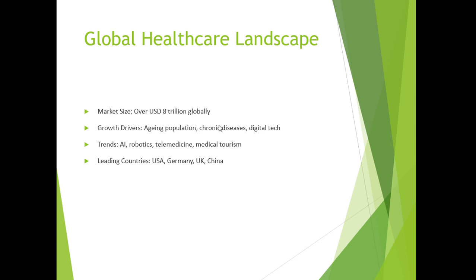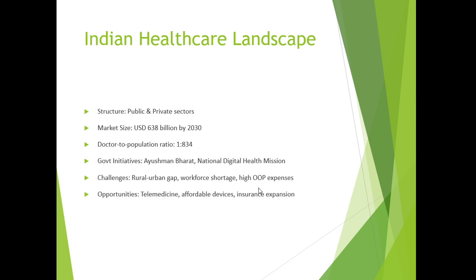And next we have gone through the Indian healthcare landscape, and here we have understood the doctor to population ratio. We have seen the government initiatives taken by the Indian government, the challenges, opportunities, and also the market size and the structure.